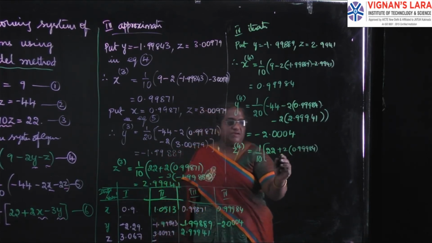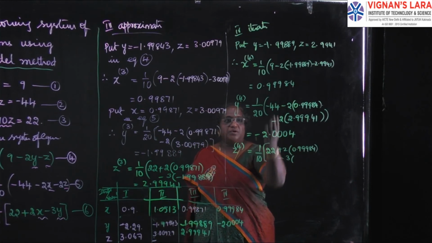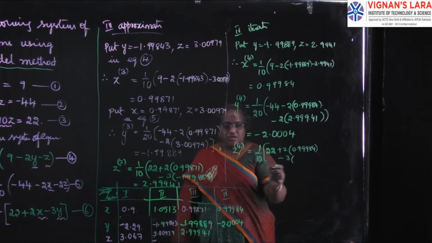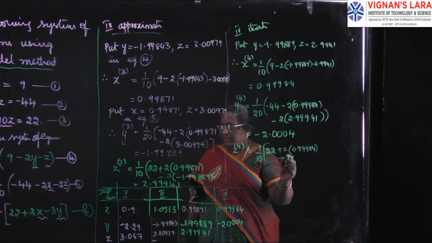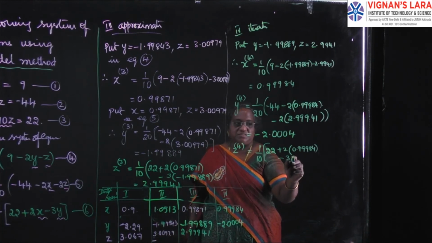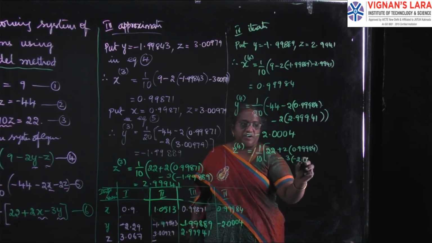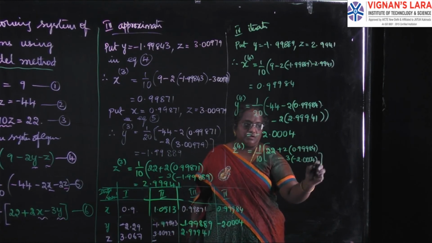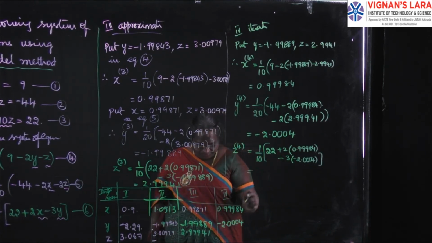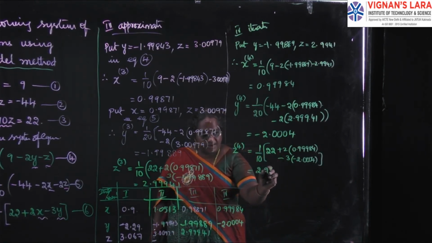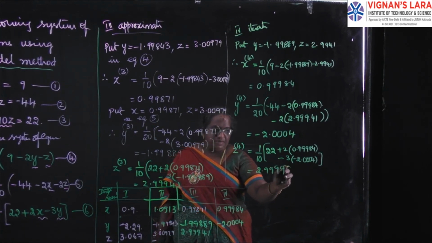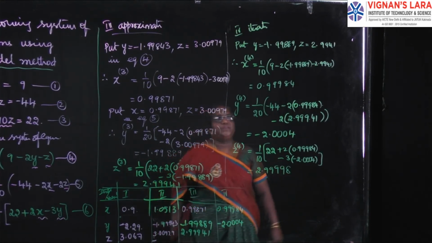This is the y value. So just looking above, you can substitute those values. If you put it in table form, it will be easy to see the convergence. What is y? Minus 2.0004. So z value is 2.99998, which means almost it is equal to 3.